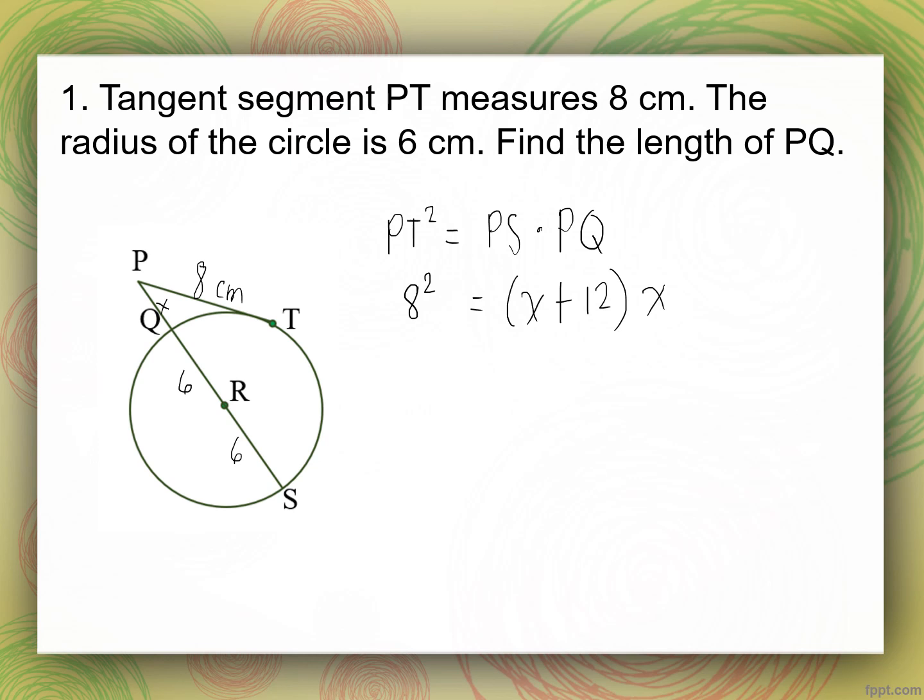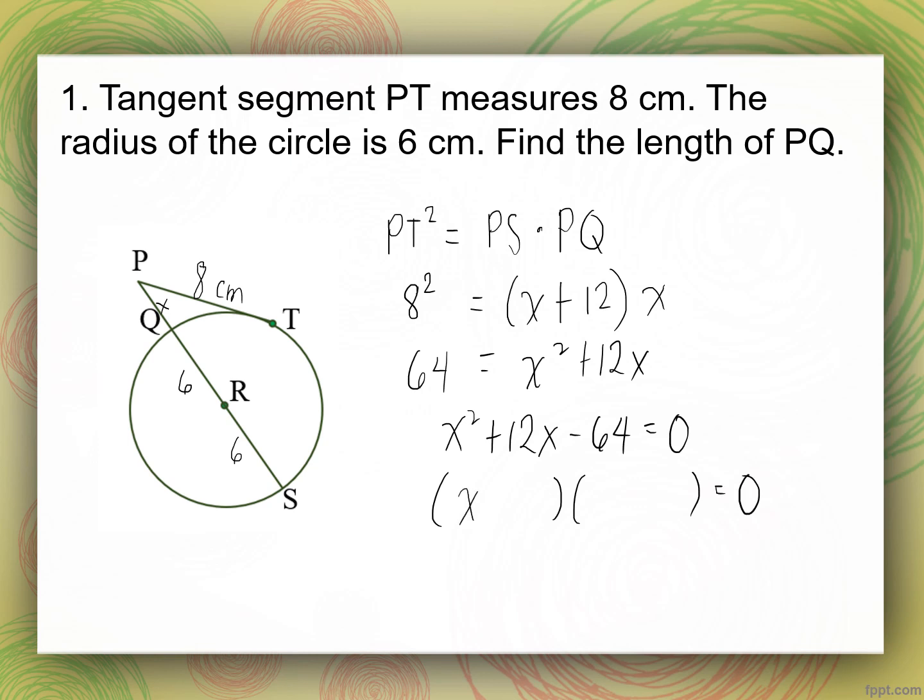Okay, let's simplify. This is 8 squared, so this is 64. Distribute X inside your parentheses. So this is X squared plus 12X. Let's put them together. So we have X squared plus 12X minus 64 is equal to 0. So check whether it's factorable. Of course it is, so let's factor it.